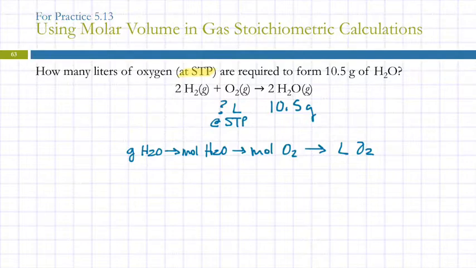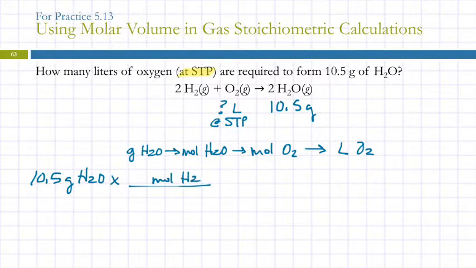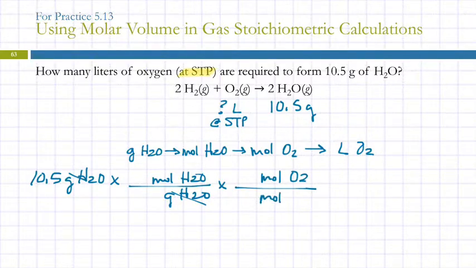So we start with 10.5 grams of H2O. Go to moles of H2O. We're going to be dividing by grams of H2O so the units work out. Then we're going to moles of O2. And down here, moles of H2O. And then we're going to liters of O2 divided by moles of O2.